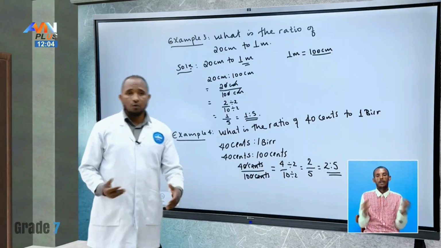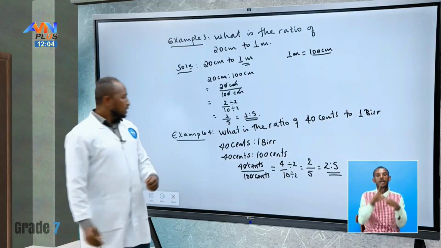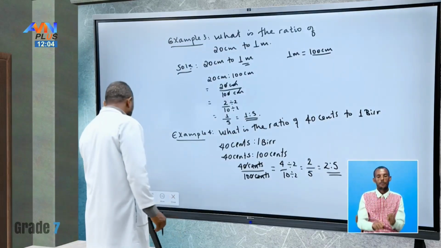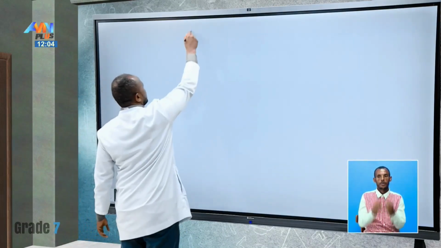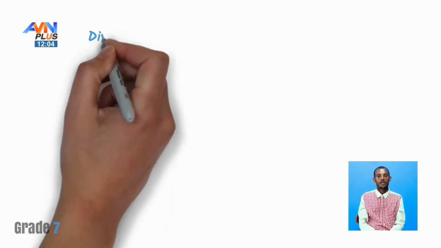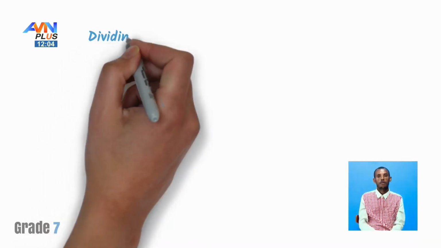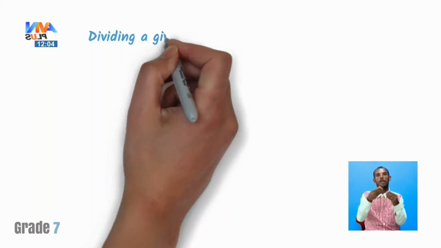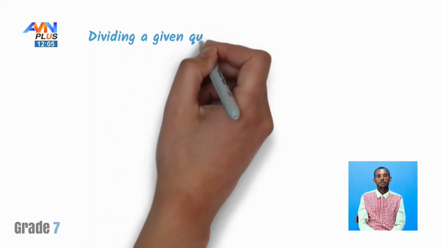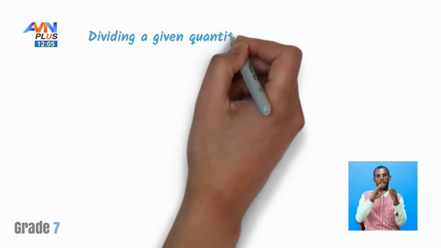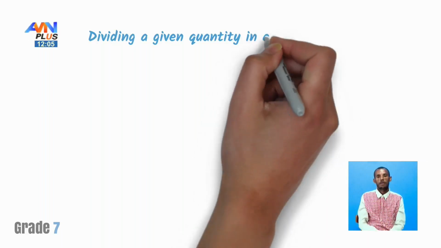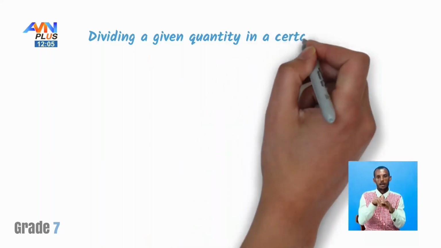Dividing a certain quantity in a certain ratio. So, dividing a given quantity in a certain ratio.